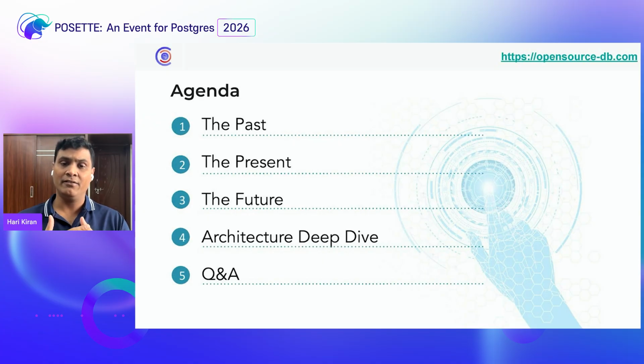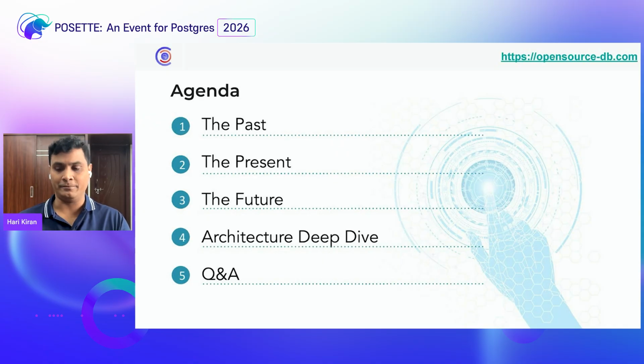After that, we will look at the future: DDL replication, the multi-master architectures, and what the community is building for PG19 and beyond. And woven throughout, we will do an architecture deep dive into the internals, WAL, output plugins, and replication slots, so you don't just look at these features, but how they work under the hood.